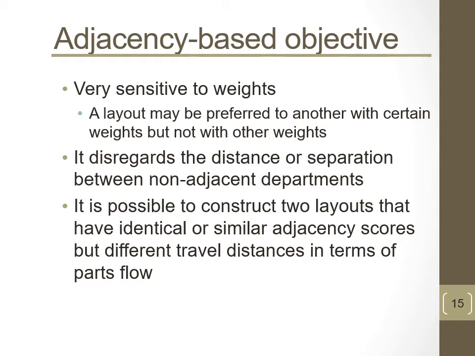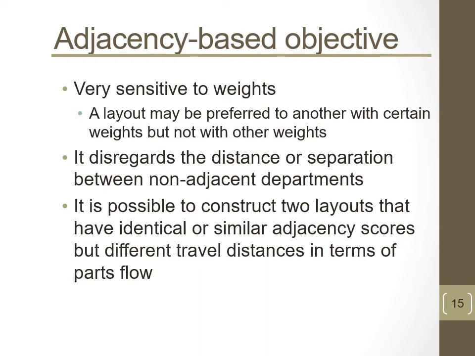And we can also mention that it is possible to construct two layouts that have identical or similar adjacency scores but different travel distances in terms of paths and flows. Okay, so which one is better? Of course, according to adjacency-based scoring, they are identical.